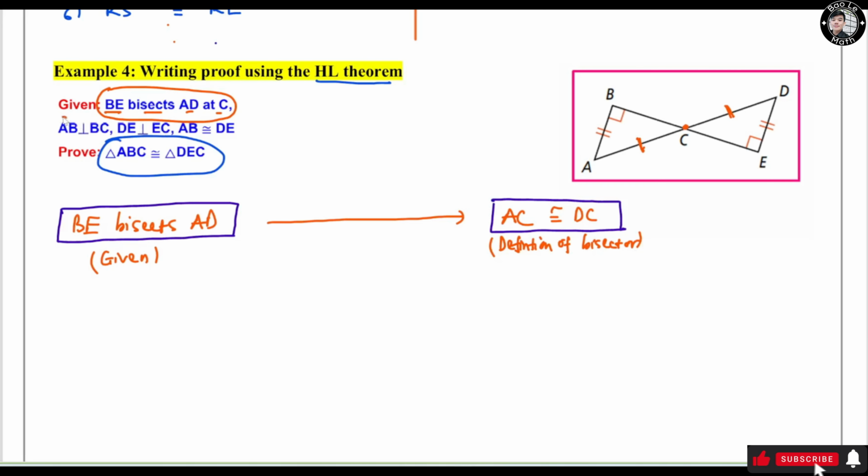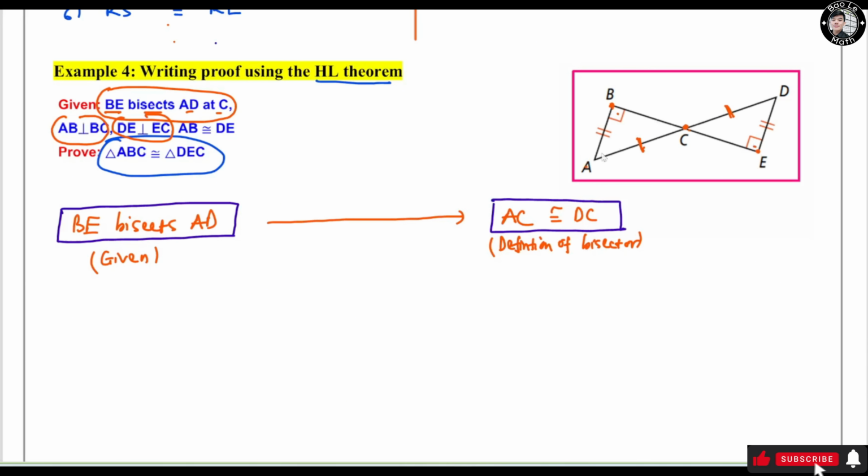Now since AB is perpendicular to BC and DE is perpendicular to EC, we can conclude that angle B and angle E are right angles by the definition of perpendicular lines.